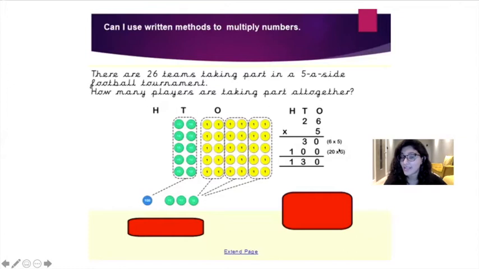And if you do 20 times 5, you should get the answer 100. You add them together and you get 130. So 130 players are taking part all together in that 5-a-side football tournament.